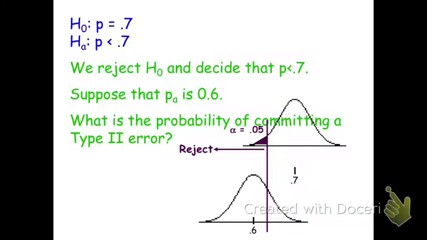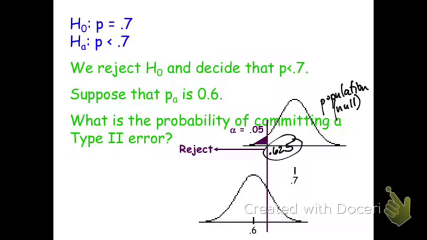Remember that if I get 0.625, so that's what this vertical line represents, or anything less, then I reject. This first normal curve is the whole population, my null hypothesis.